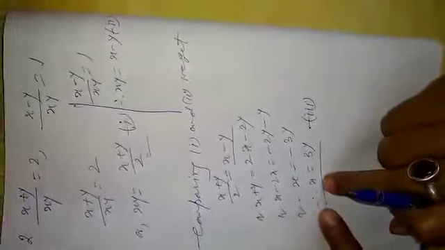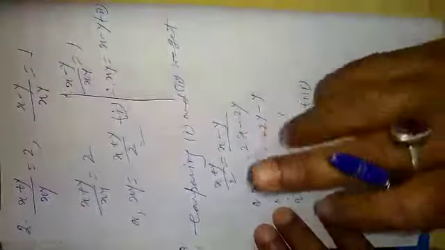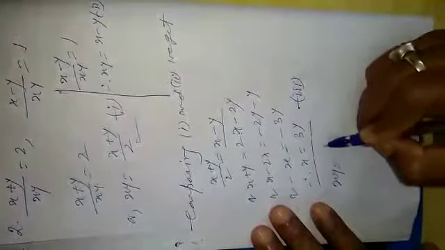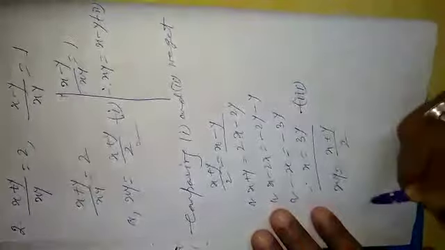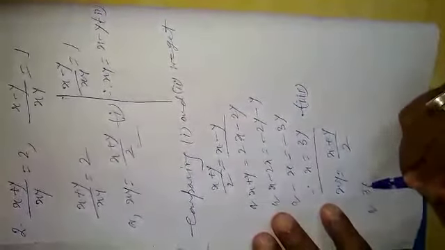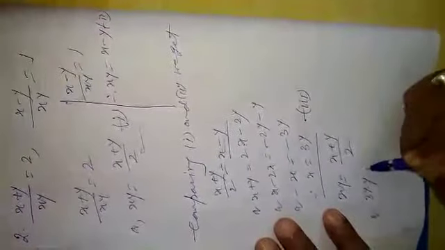Putting the value of x = 3y, you will get the value of x or y. So if you want to put 3y here, what will happen? xy = (x + y)/2, or 3y into y.